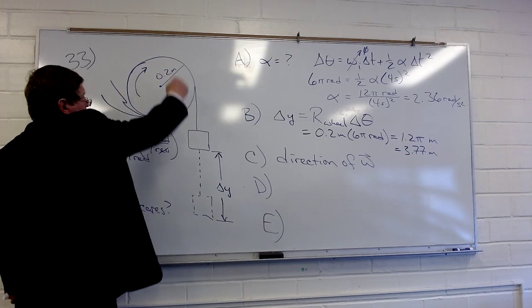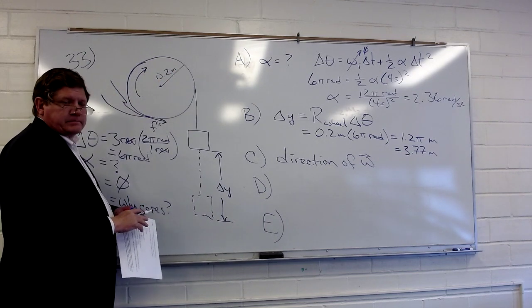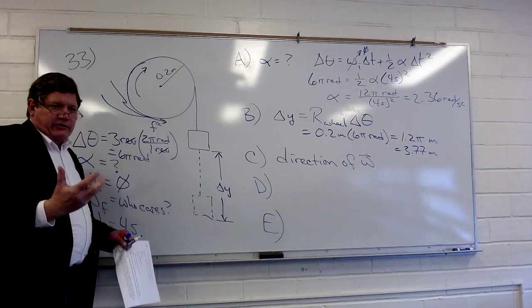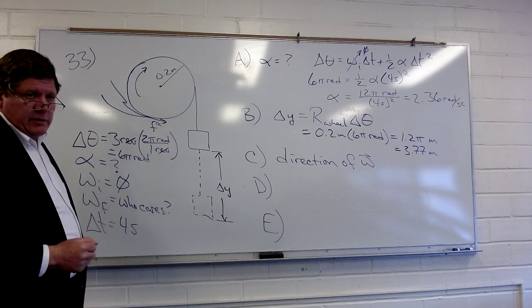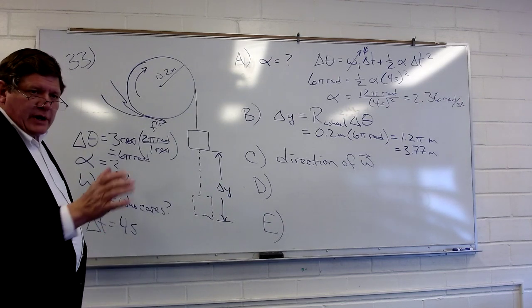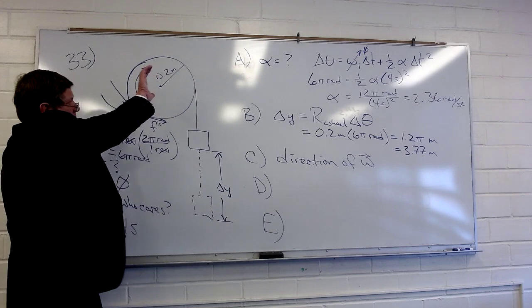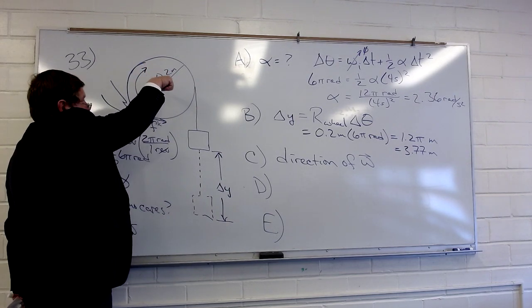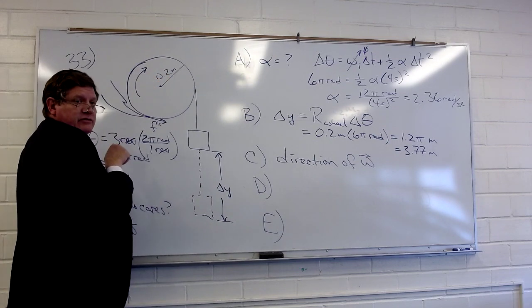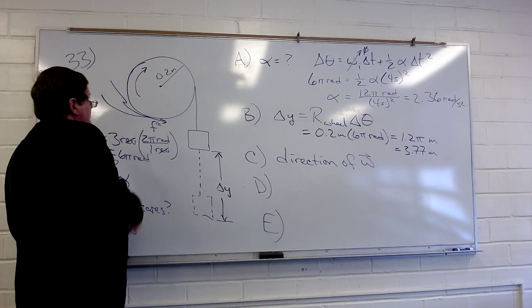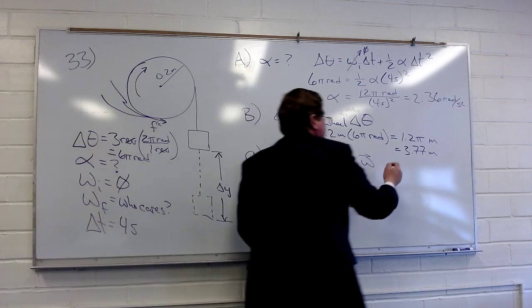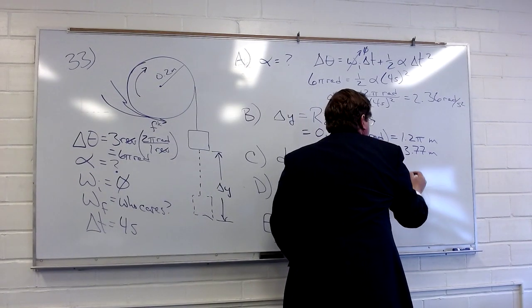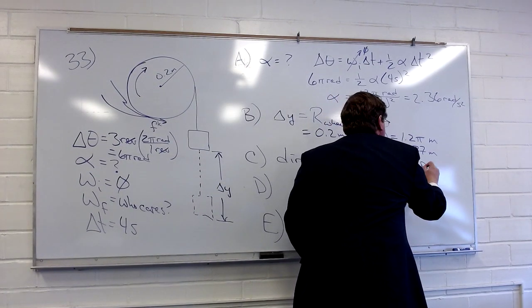Well, the wheel is still turning clockwise, but that's not a direction for omega. Remember, for omega, we use the right-hand rule. We let the fingers in our right hand go in the direction of that rotation, and our thumb points along the axis of rotation. In this case, it would be into the board. Okay, and so I would say by right-hand rule.